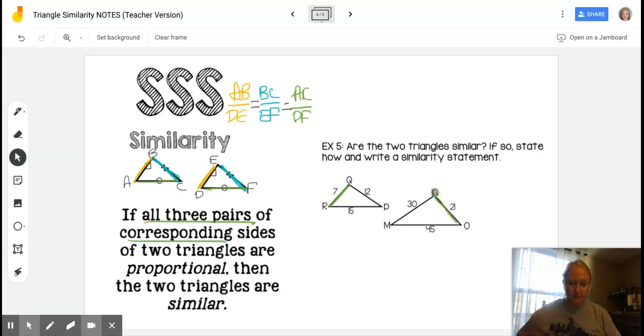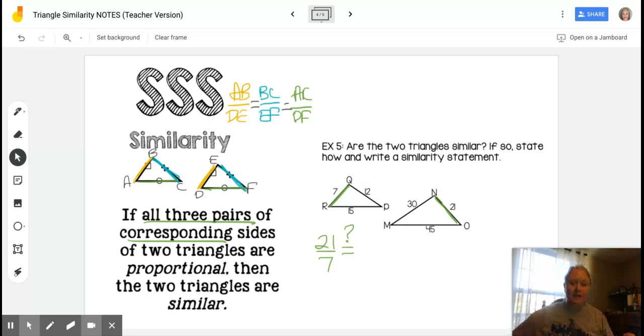Okay, so let's go ahead and let's compare them. And I like having whole numbers rather than decimals, so I'm going to do the large triangle over the small. So I'm going to do 21 over 7. And I want to know if this is equal to the next one. And let's choose blue.